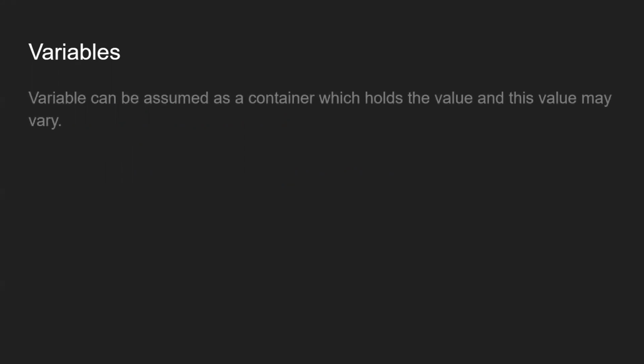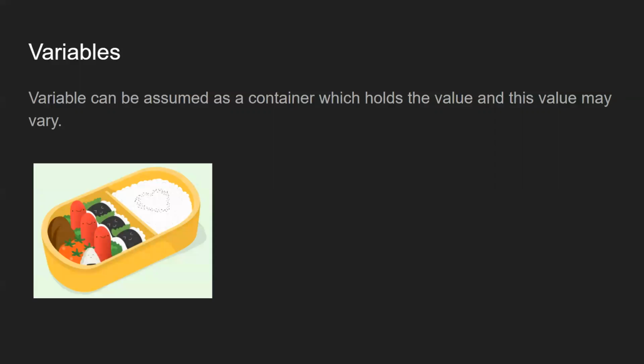What is a variable? You can assume a variable as a container which holds a value, and as the name suggests, these values may vary. You can see a container on my screen. We call it a lunchbox. Currently it is holding the items rice and vegetables. Another day, it may hold items like sandwich and fruits.